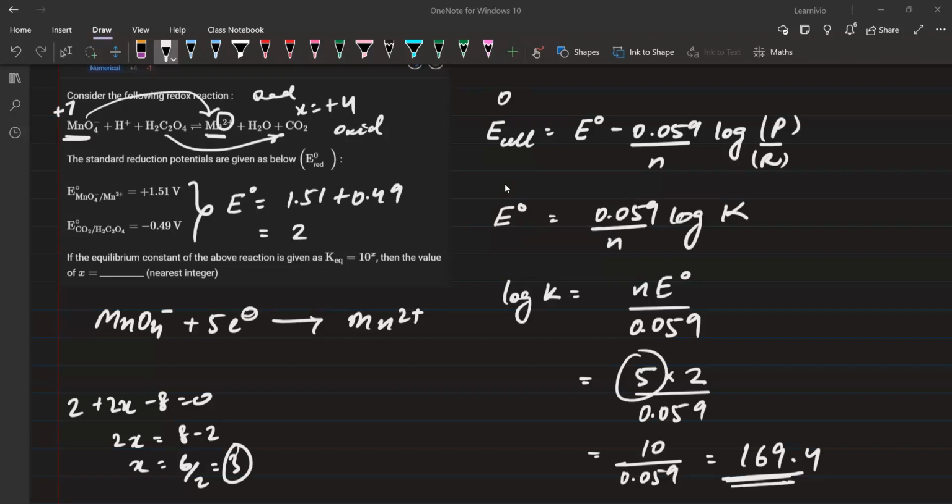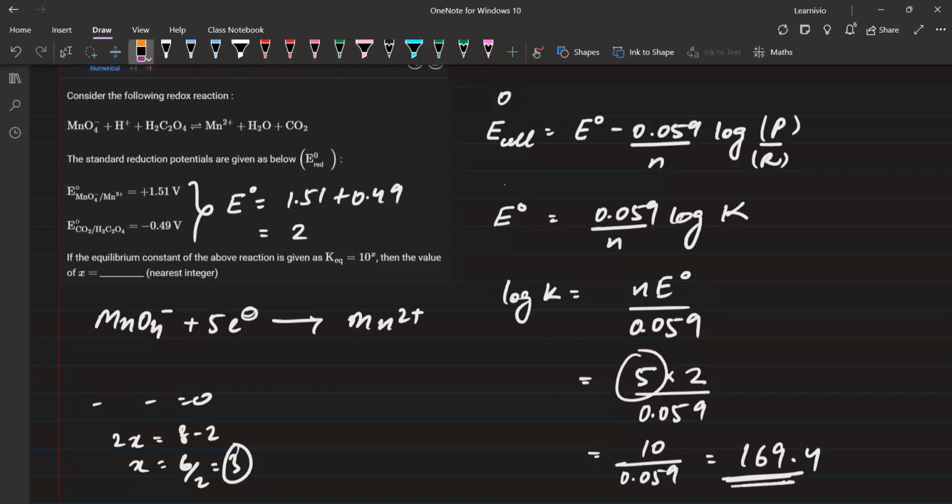And is this balanced? Let me see if it is balanced or not. One manganese here, and here also we have one manganese. Okay, this equation is not balanced. Here you'll have to put 2. I think there will be 10 electrons because the equation is not balanced, right?